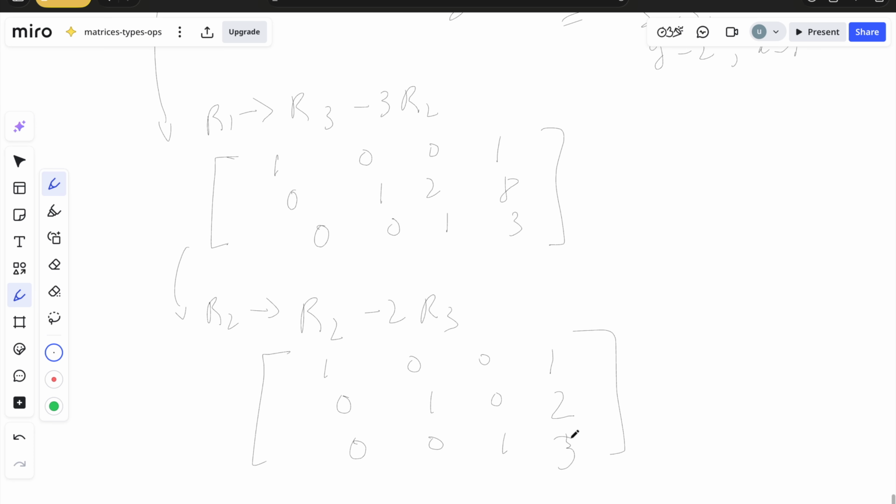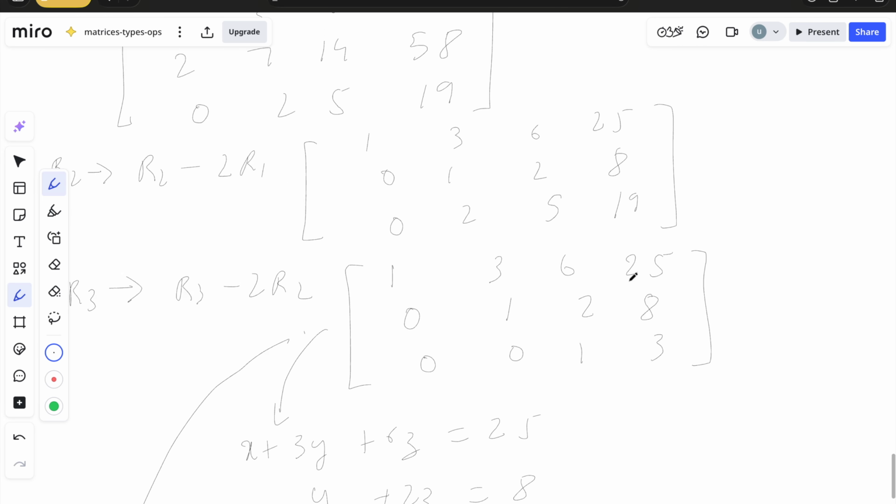So we get the same solution as above. We can see from the last matrix that z is equal to 3, y is equal to 2, and x is equal to 1. So this particular system of linear equations has a unique solution.